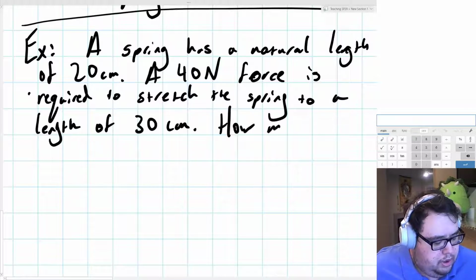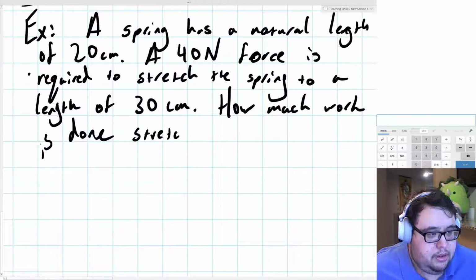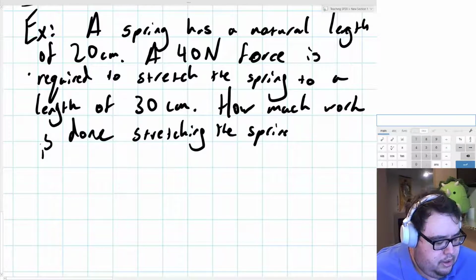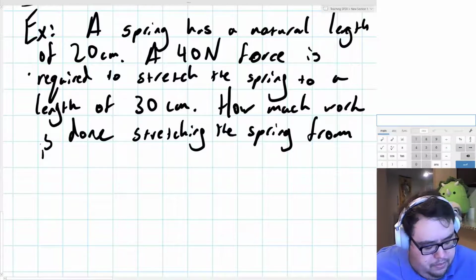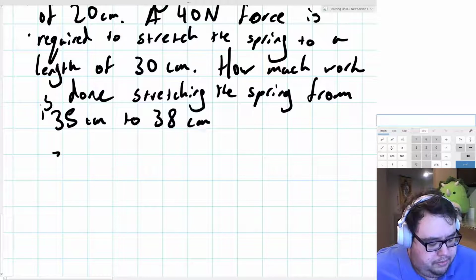How much work is done stretching the spring from 35 centimeters to 38 centimeters?